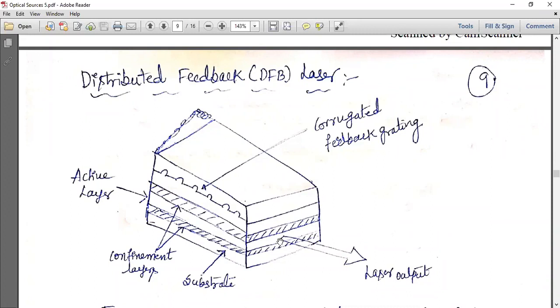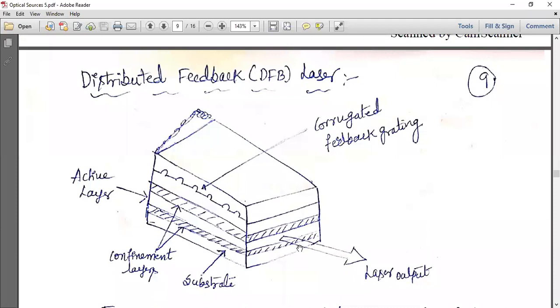That is spontaneous emission. The spontaneously emitted photon will again hit the electrons and holes present in this layer, and there will be a release of energy once the photon hits it. That is stimulated emission. So all three things, absorption, spontaneous emission and stimulated emission, take place in the active layer and generate light.